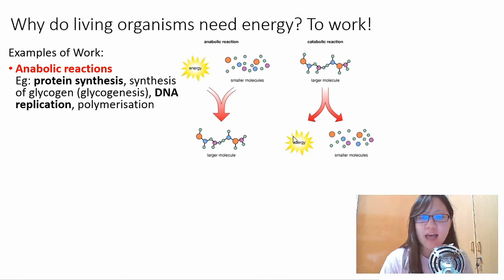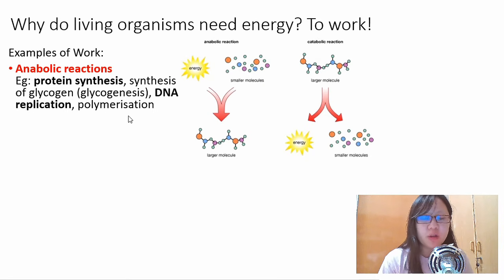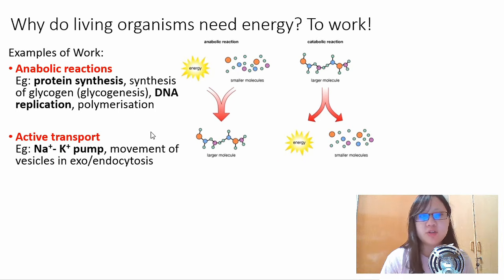In this process, energy is released. So anabolic reactions require energy, whereas catabolic reaction here releases energy. Now, for example, there's protein synthesis of glycogen, DNA replication, polymerization of any sort. They are all considered anabolic reactions.